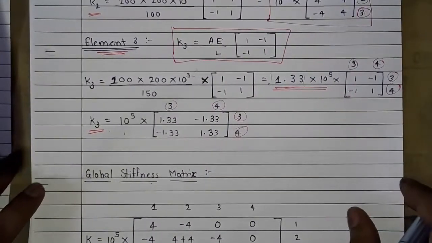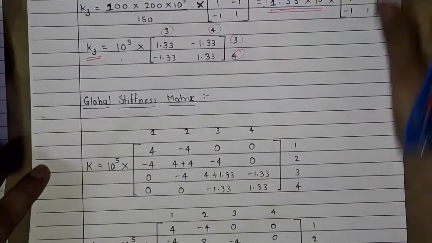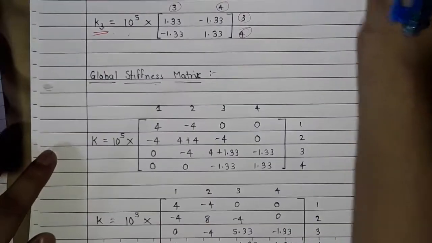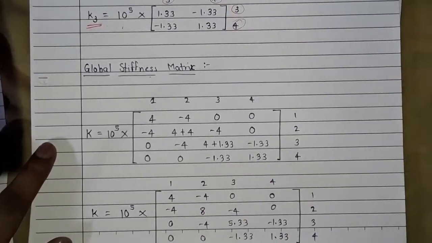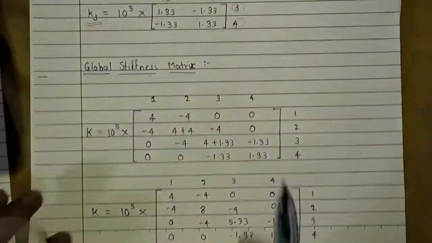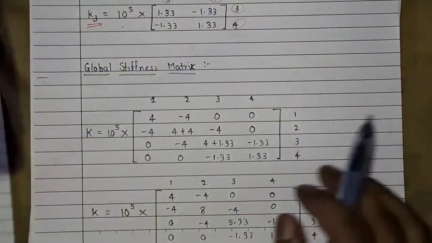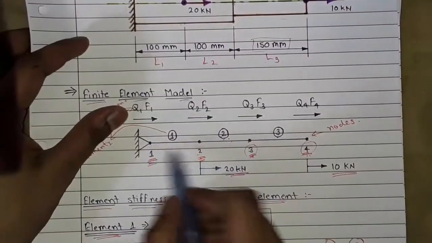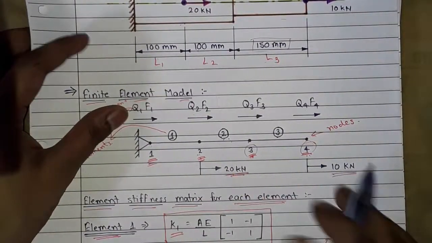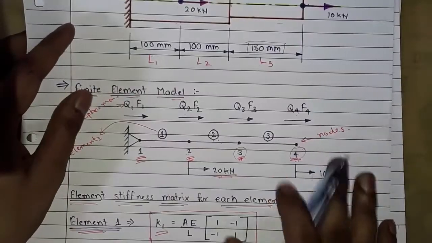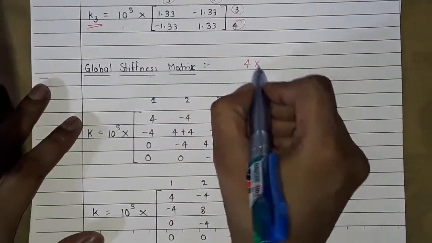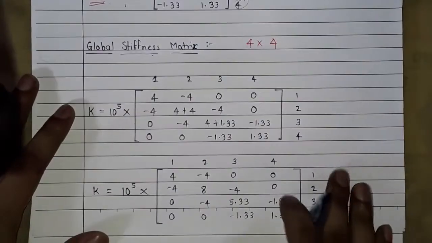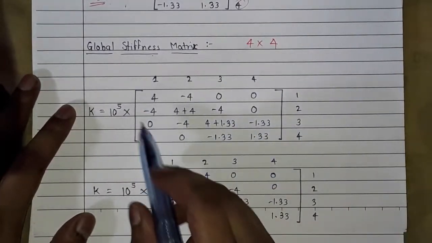Now friends, let's find out the global stiffness matrix. As we can see here, there are 4 nodes and each has 1 degree of freedom. So our global stiffness matrix will be 4 into 4, so here it is a 4 by 4 matrix.